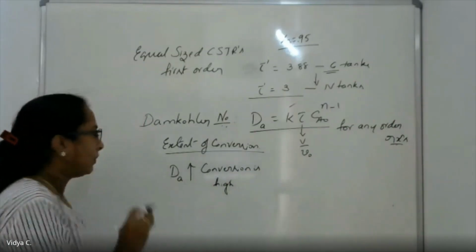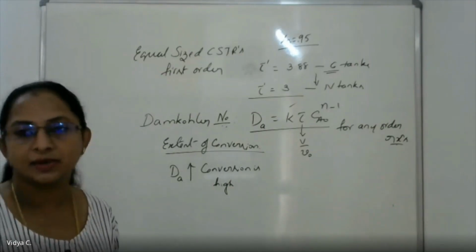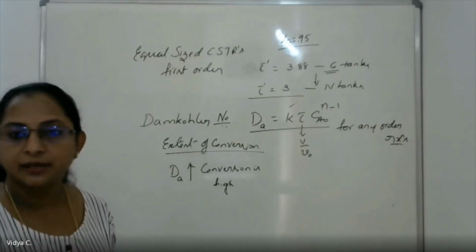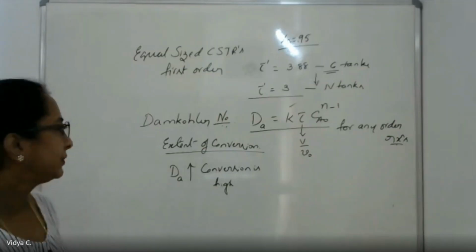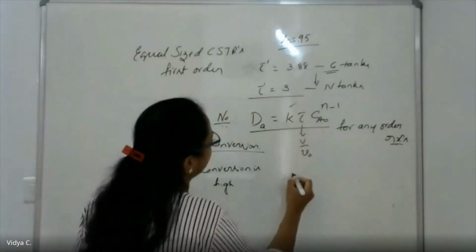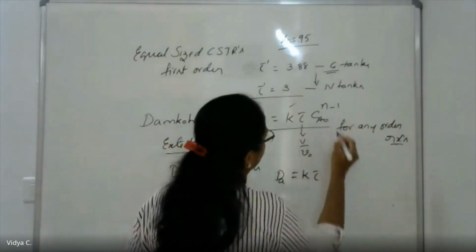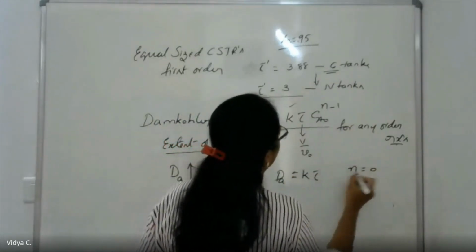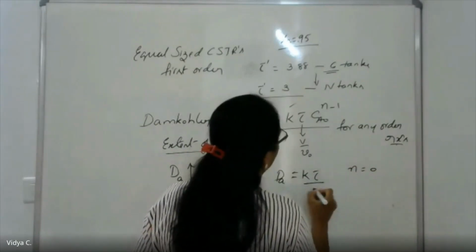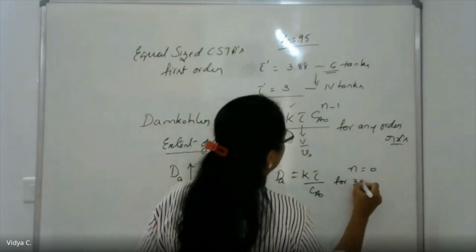So how does this help me? This helps me to select the reactors as well. This Damkohler number will be K tau Ca0 to the power of n-1. If n is equal to 0, it will be K tau by Ca0. This is for zero order reactions.